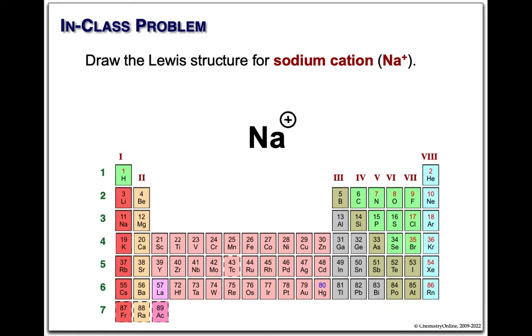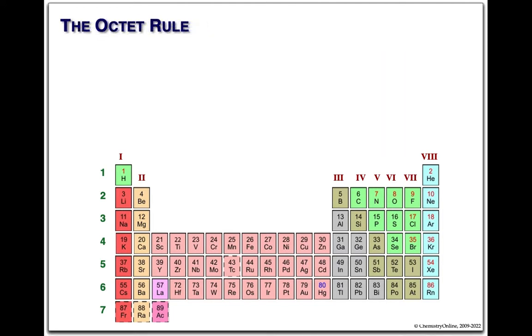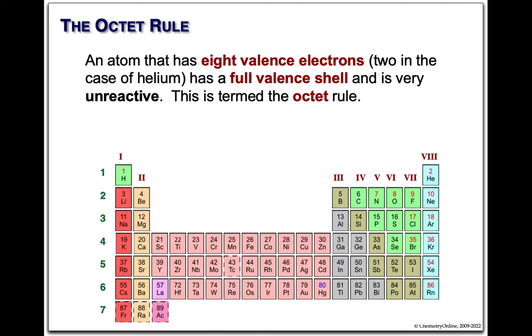Now let's think about what we're doing here and why. What we're trying to do as we add or subtract electrons is to take the atom itself and give it what's called an octet of electrons. This is the octet rule. Remember we said that inert gases here in group 8 have 8 valence electrons.